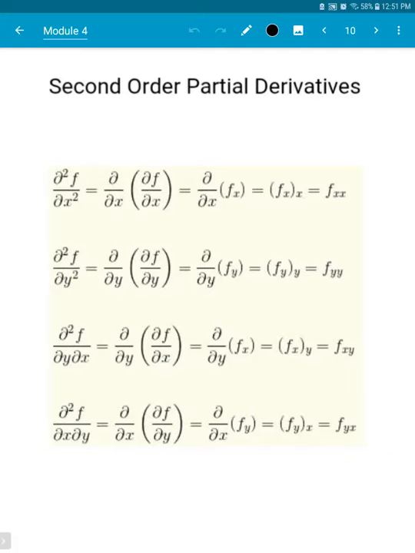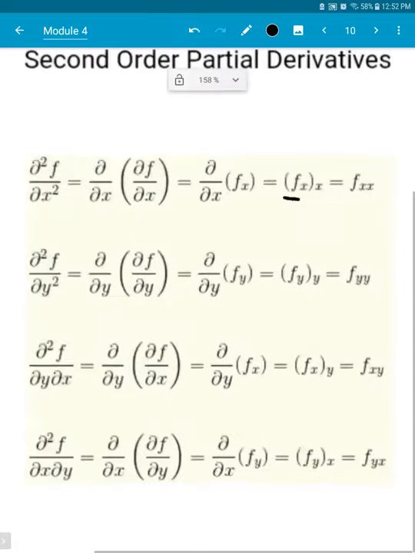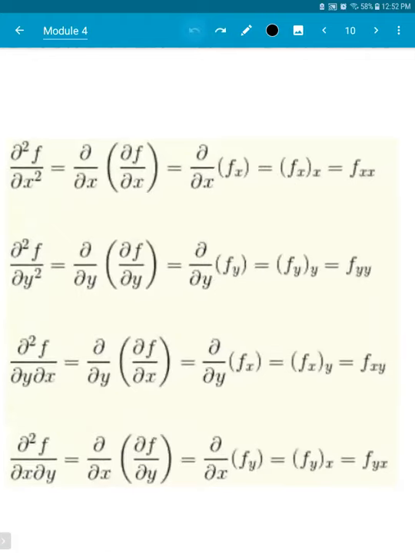Now let's look at the first one, let me start from the right. f sub xx means you're differentiating first the function with respect to x, and then the result you differentiate again with respect to x. So you differentiate with respect to x the derivative of f with respect to x.